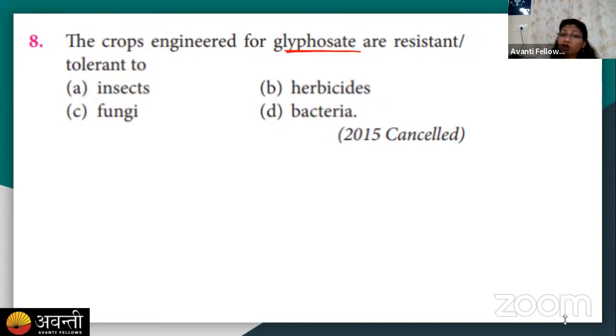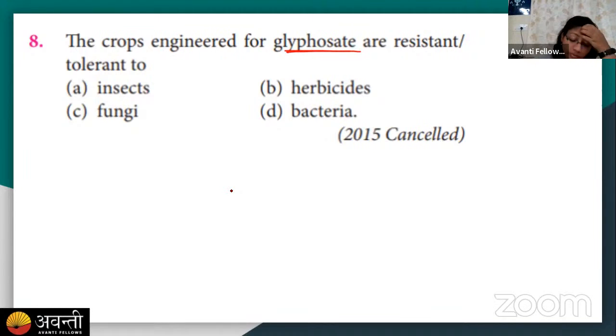The crop engineered for glyphosate are resistant or tolerant to which out of these four: insects, herbicides, fungicides, or bacteria? 5 seconds more. Davangri, you have not given your answer. Okay, so I'm closing the poll.